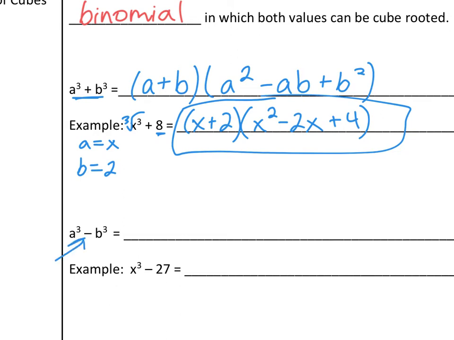Difference of cubes. What's different about that? Yep, subtraction sign, okay? The difference of 2 numbers, we know we use a subtraction sign. So this is just the notation for difference of cubes. It's going to be almost identical to that, but there's going to be 2 little changes. Instead of a plus b out front, it's going to be a minus b. Keep the a squared, but instead of a negative ab, it's going to be a positive ab.